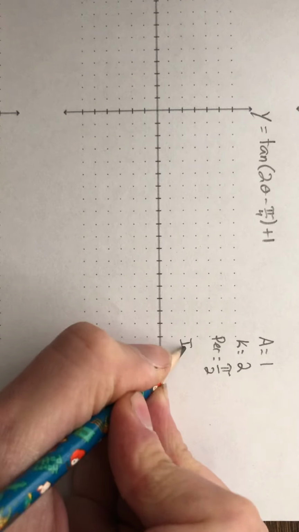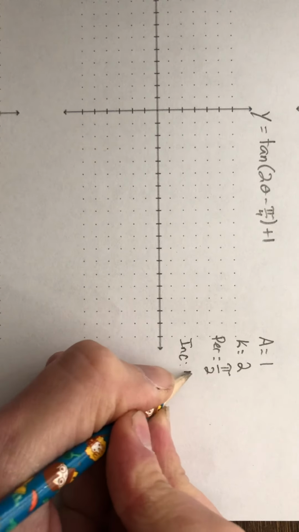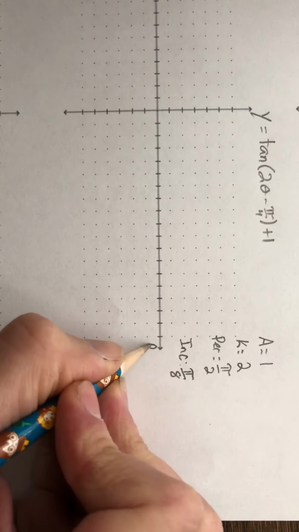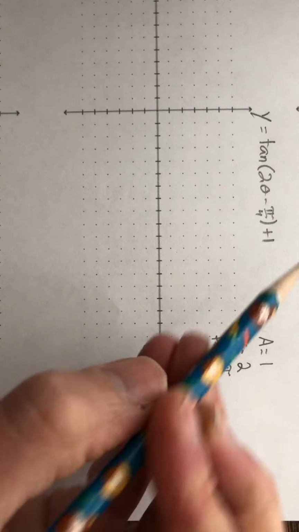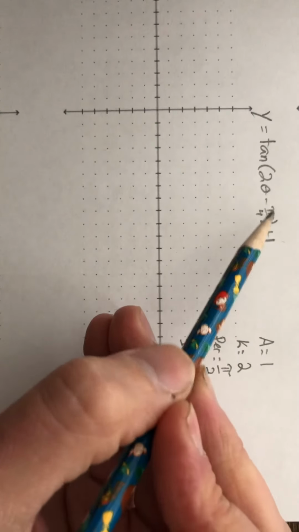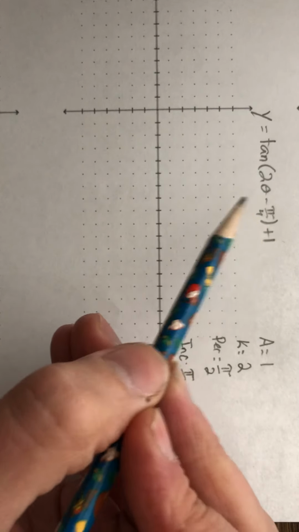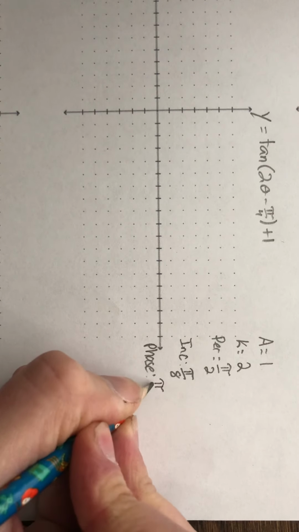Your increments, remember you're taking whatever that is and you're dividing it by 4, or multiplying by 1/4. Okay, your phase shift. Again, it is not just whatever this is. You have to divide by K. If you don't, it is wrong.